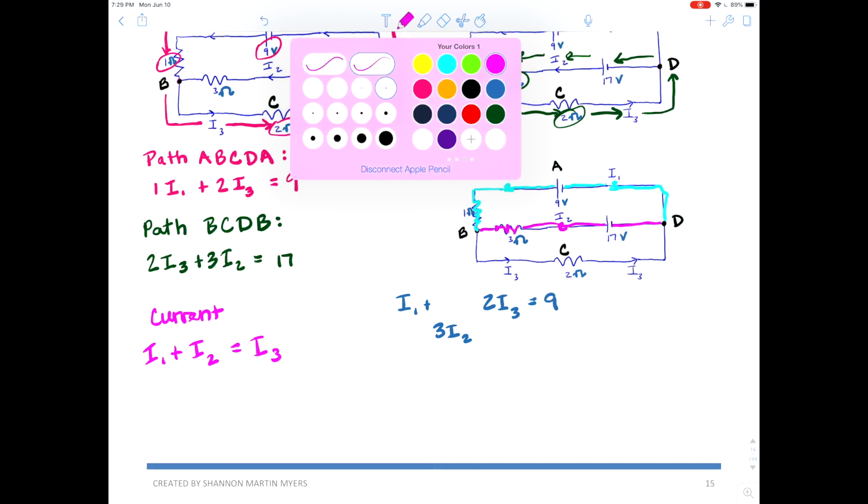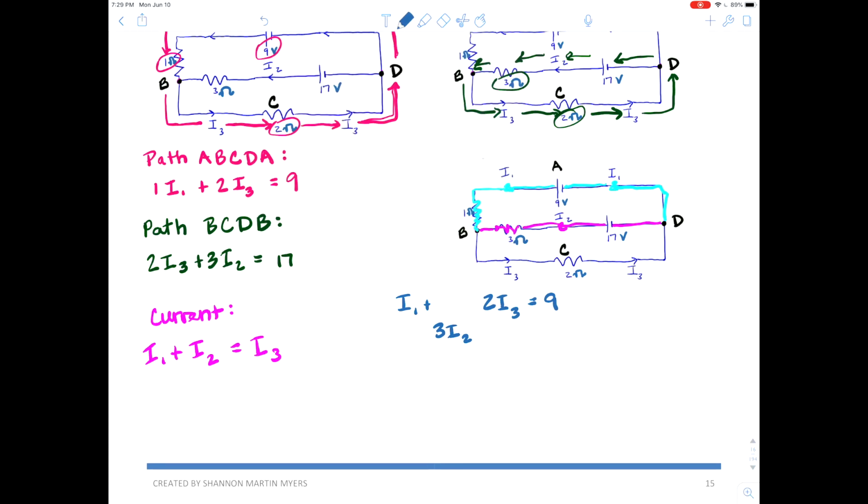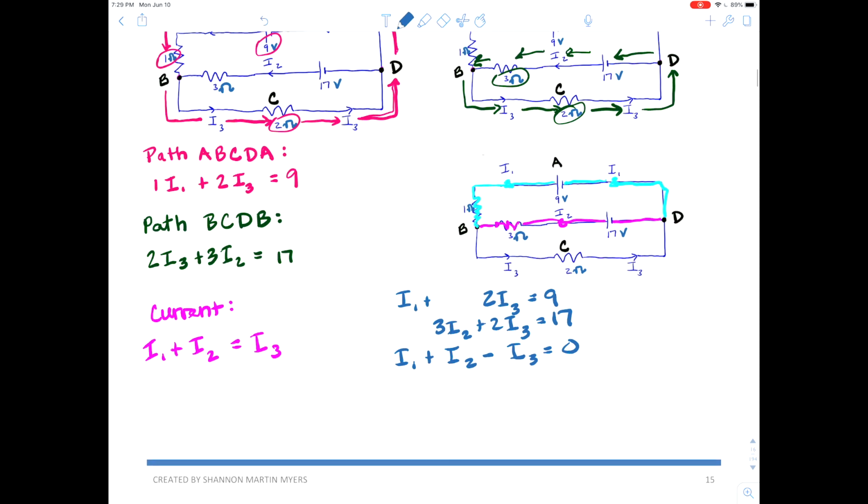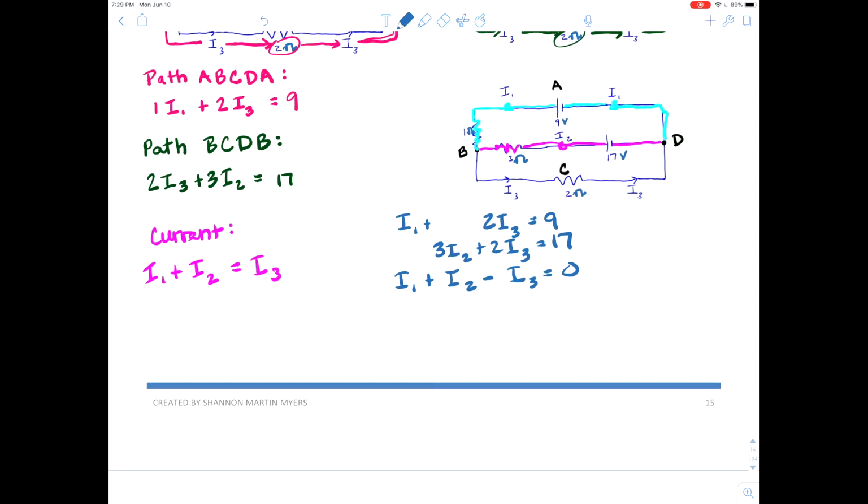And then for the current part, we just have I1 plus I2 minus I3 equals 0. I'm just writing it as a system.